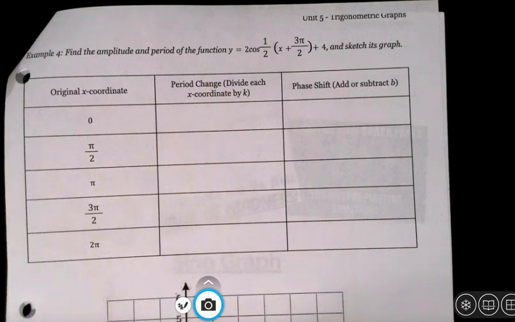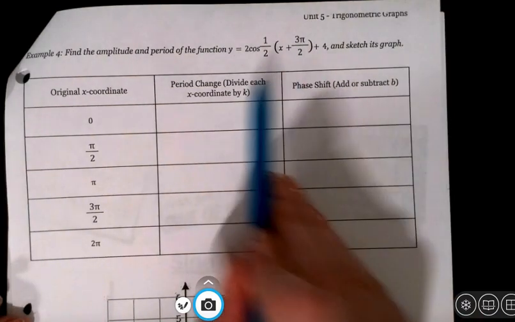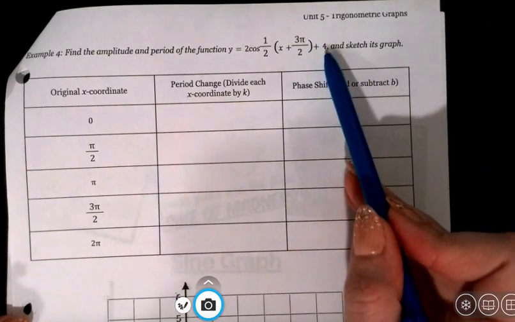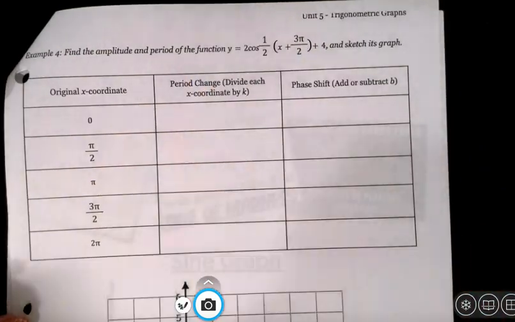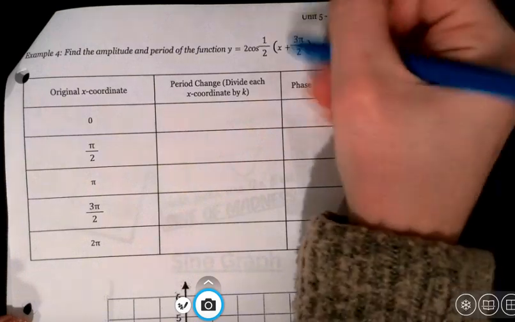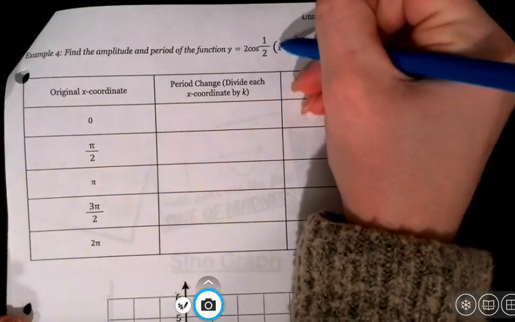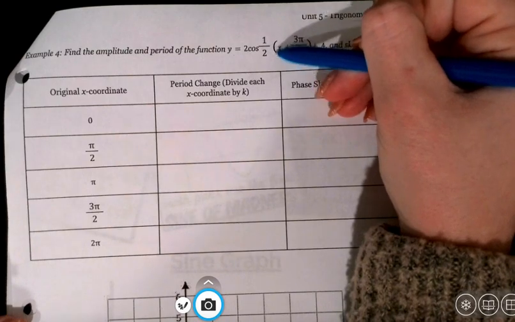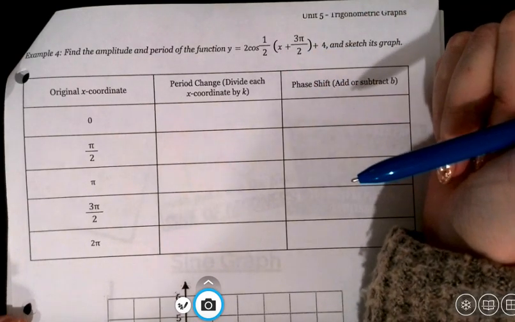So we have y equals 2 cosine of 1/2 parentheses x plus 3 pi over 2 parentheses plus 4. So it's ordered how I would like. I have a plus 4 at the end instead of in the beginning. I have a number in front of my parentheses, and the number in front of x here is an invisible 1, which is good. That's what I want.